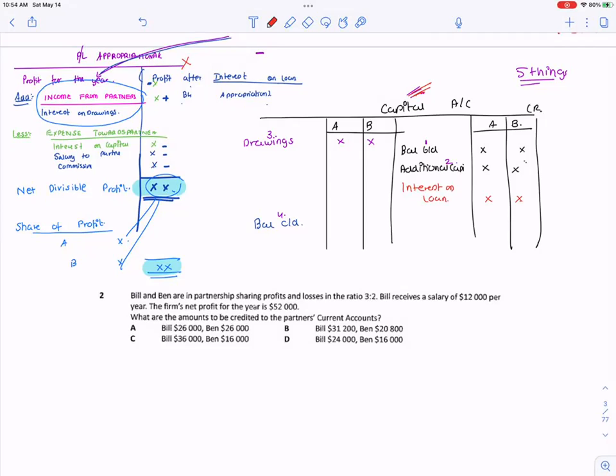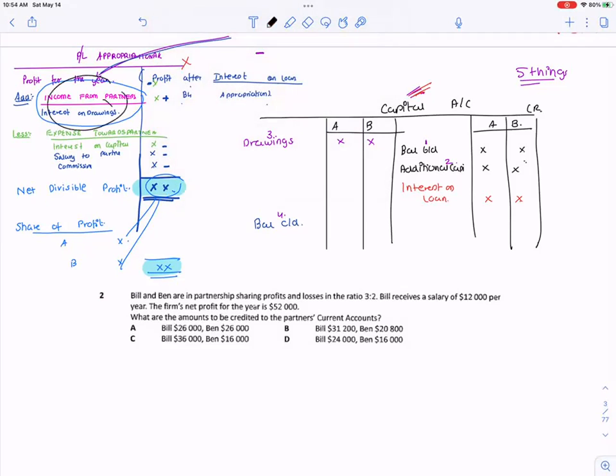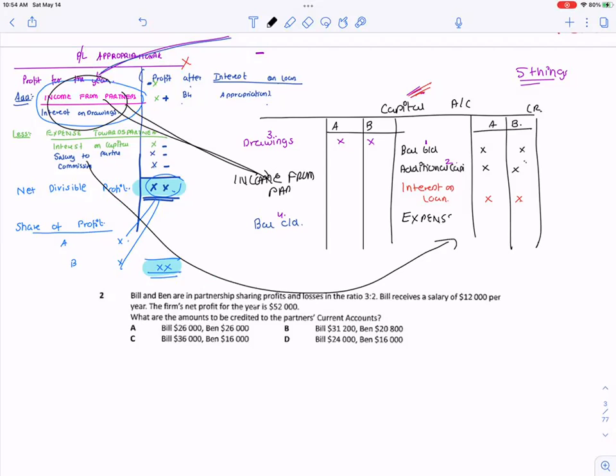Balance sheet. Now whatever is income from partners over here will be written over here. And whatever is expense towards partners, it will be written over here. Are you with me?